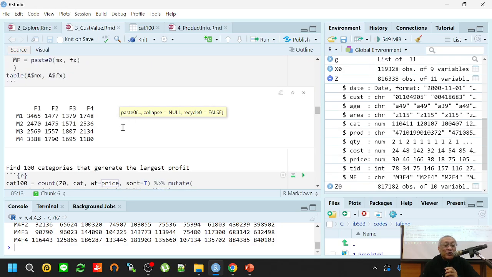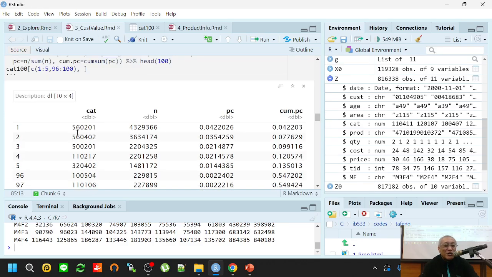In this code chunk, we divide the customers by their buying frequency and also by their average amount into 16 groups, right? So M4F4 is the group that buys the most and most frequently, and M1F1 is the group that buys the least and least frequently, right? 16 groups.